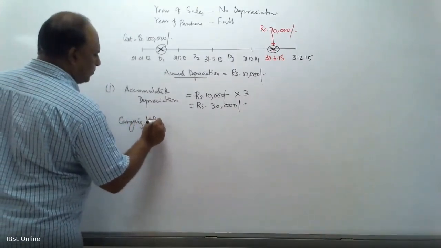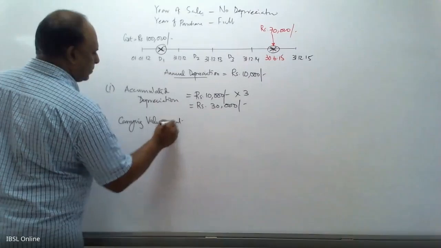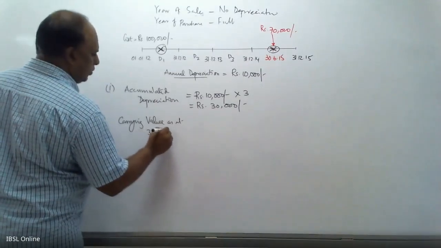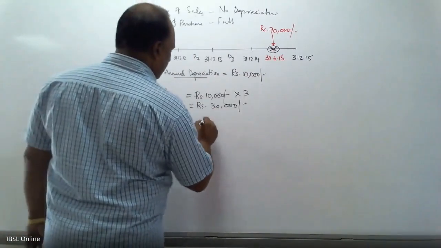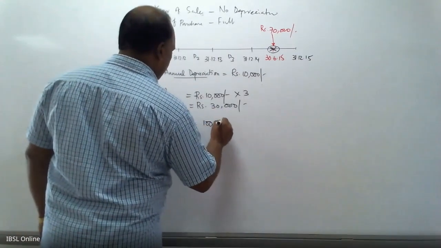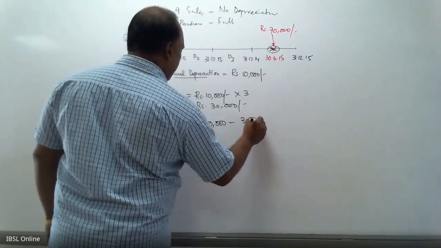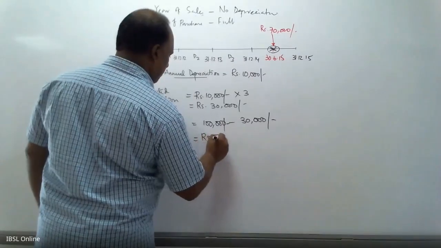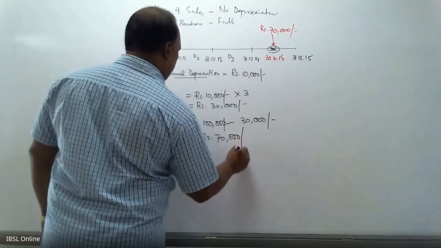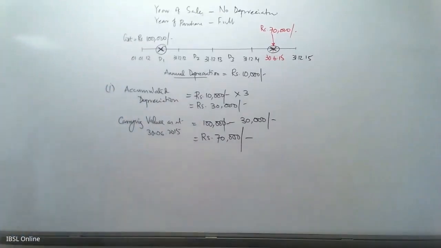Carrying value as at 30th June 2015 is equal to cost minus accumulated depreciation, which will give you 70,000. So this involves two steps. One is to calculate the accumulated depreciation first, and then the carrying value.